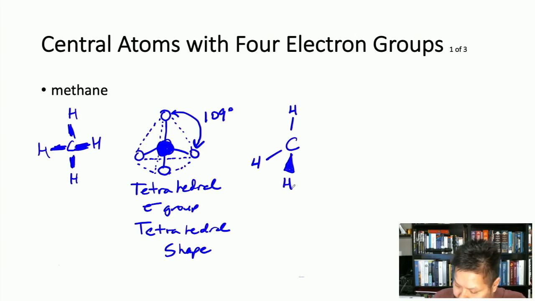And when you have a dashed wedge like this, that means that the hydrogen is going behind the page, right? So this one with the solid wedge, it's coming towards you, and this one with the dashed wedge, it's going towards the back of the paper, right? This is known as the wedge dash notation.